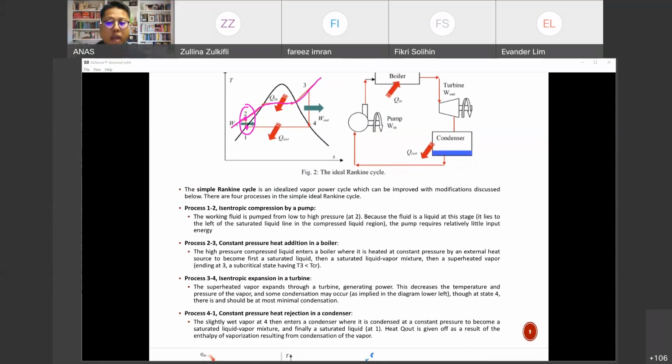It's important to have the quality high, or to remove as much droplets as possible, to avoid wear and erosion.